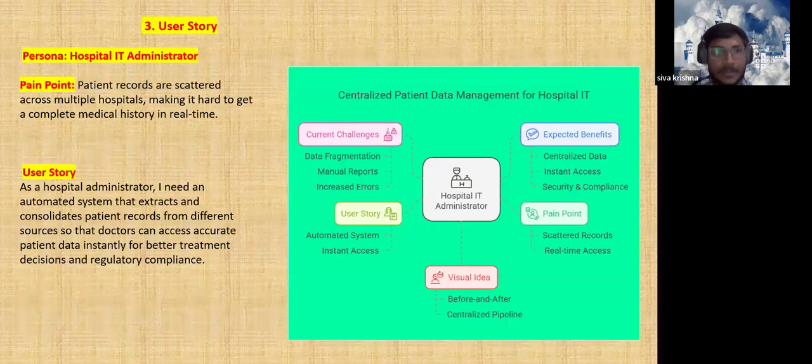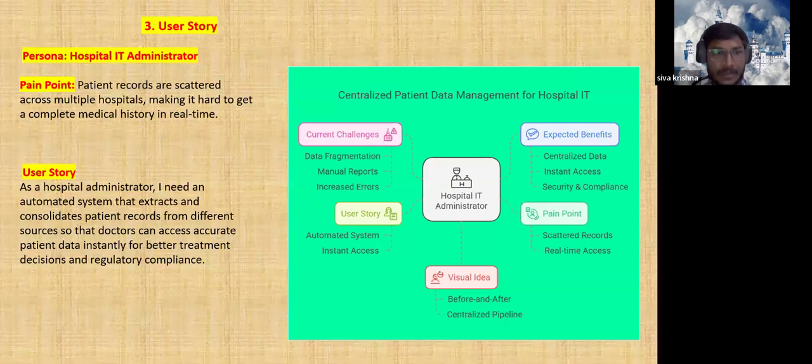And the third one is the user story. Consider a hospital IT administrator. The problem is that patient records are scattered across multiple hospitals, which makes it very hard to get a complete medical history in real time. For that, we need a solution.